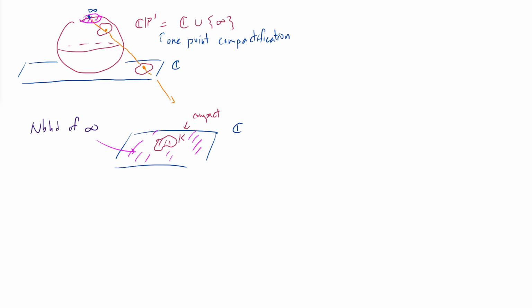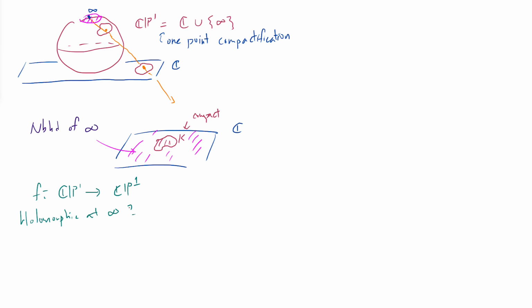And we want to give some complex structure to this so we can talk about what it means for something to be a differentiable function from CP1 to CP1, for example. So let's say now we have a function f from CP1 to CP1. And let's think about what it means for this thing to be holomorphic at infinity.